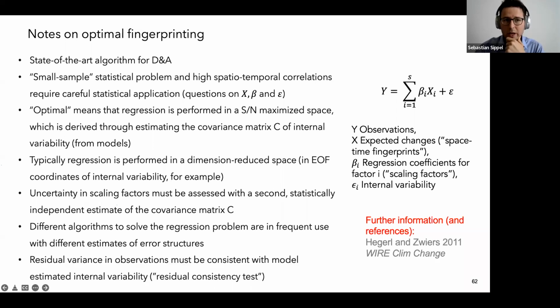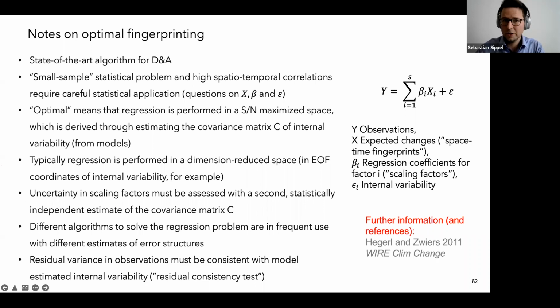And this is derived through estimating the covariance matrix of internal variability. Typically this regression is then performed in a dimension reduced space because of the high dimensionality of the problem. So before you run this algorithm, you need to have a good way to estimate the covariance matrix of internal variability. In the standard way, this is done with model simulations of internal variability. So again, you have to trust the internal variability. And this is then combined with a dimension reduction because of the high dimensionality of the problem.